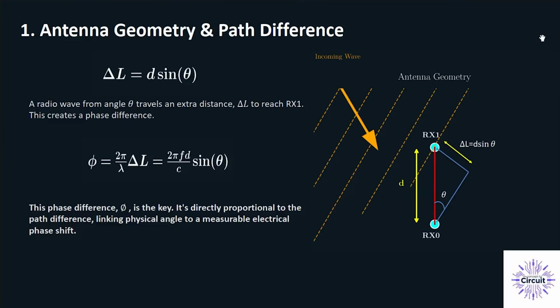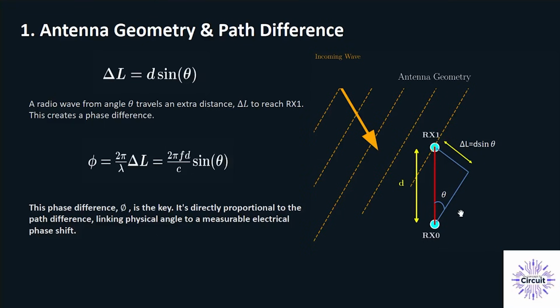Let's continue with looking at the math behind the beamforming at the RX side and how we can calculate the angle of arrival. Assuming that we have an antenna at a very far distance, we can assume we have these parallel propagation planes that are reaching the RX antennas.